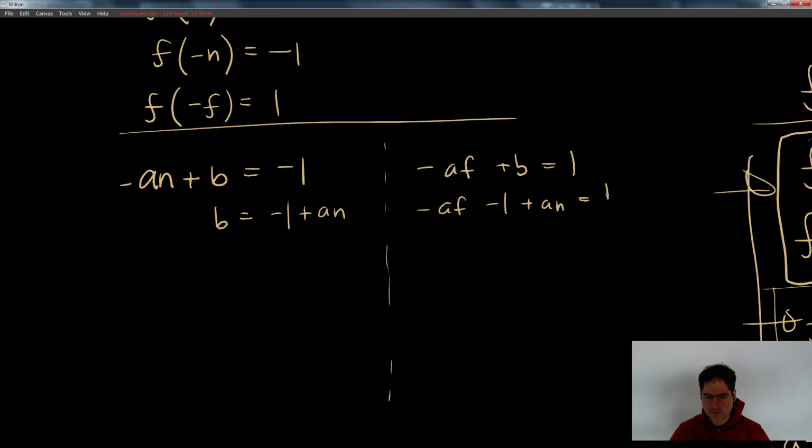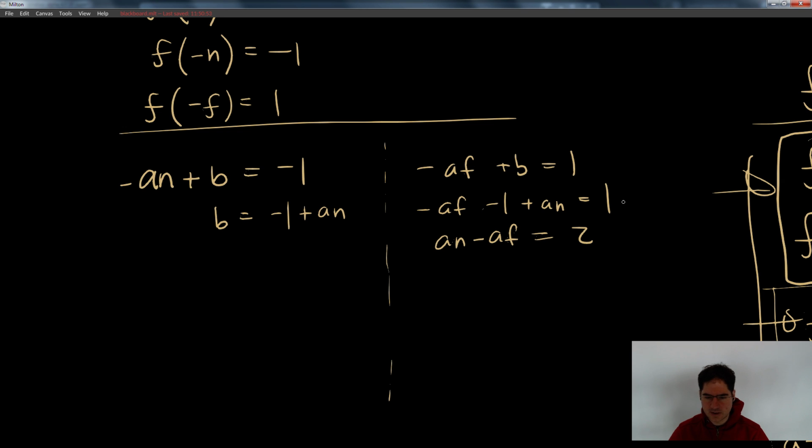We'll find out in a second, and then hopefully this will flow through properly. All right, so off we go. We've got our negative 1 coming over to the other side, and we've got these two terms combining, right? We end up with an minus af equals 2.